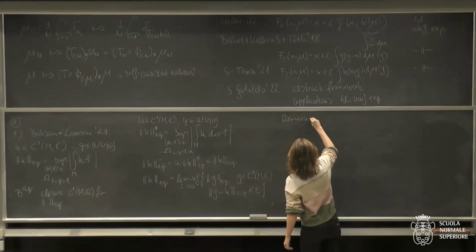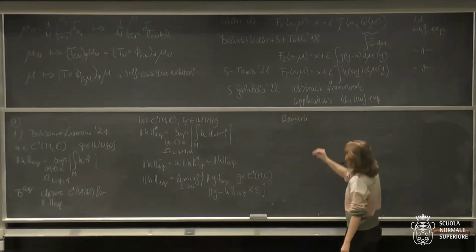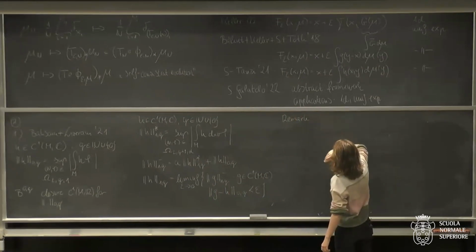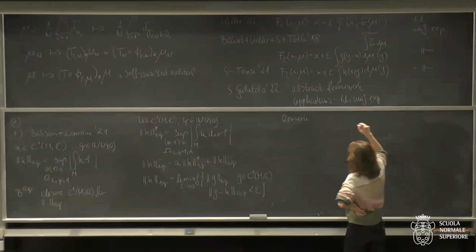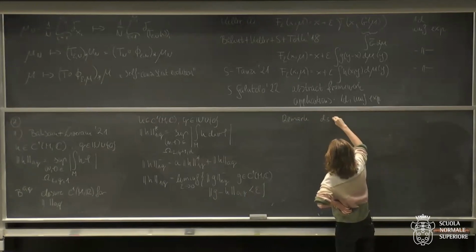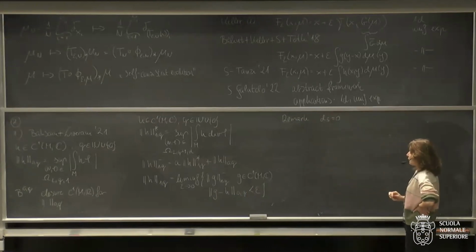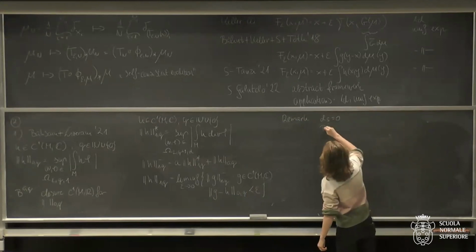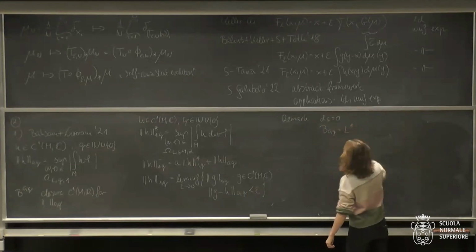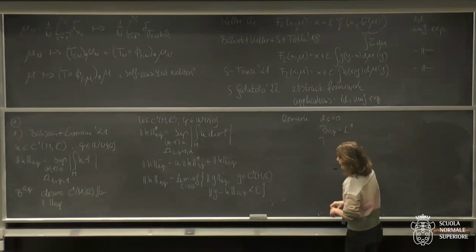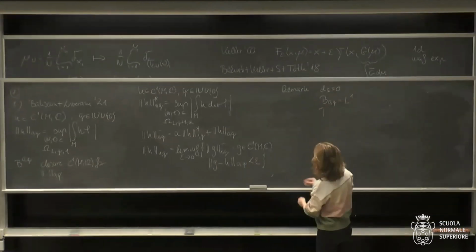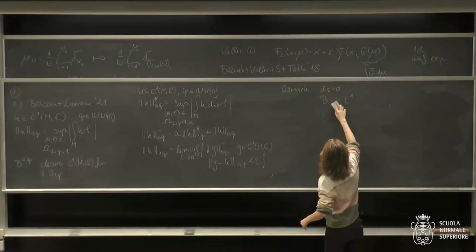So what does this mean? As a remark, I would like to point out that if we don't have a stable direction, so the stable dimension is 0 and the map is expanding, then this weak space really simplifies to L1, and the strong space, where did I write the, oh yes, I didn't actually define yet what the strong space is.